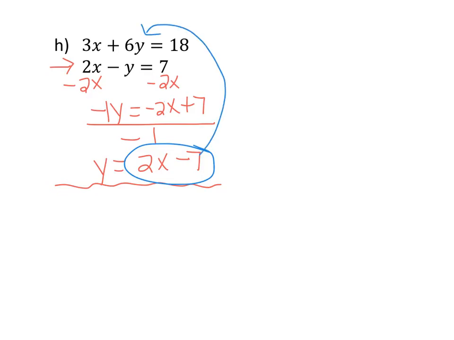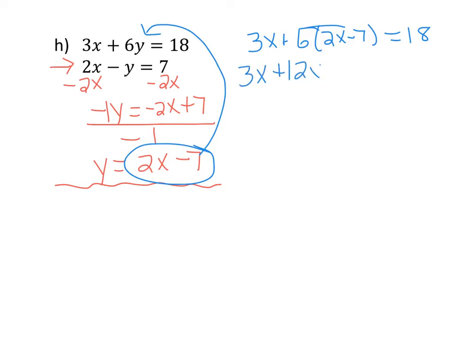I'm going to do this over on the right-hand side here, just for more space. So 3x plus 6 times the quantity of 2x minus 7, again it's in parentheses, equals 18. Distribute that 6. 3x plus 12x minus 42 equals 18.